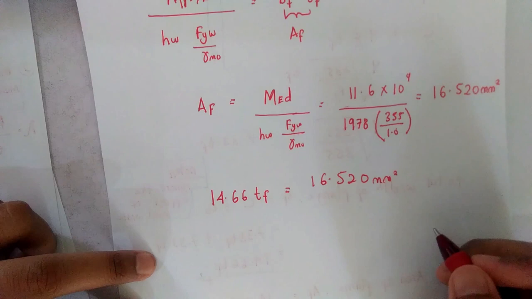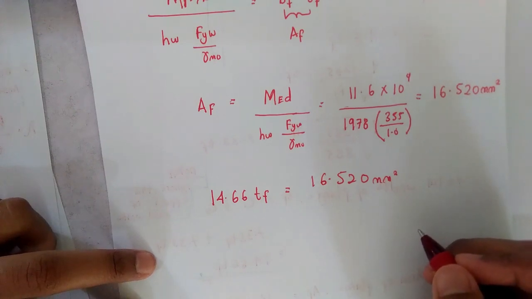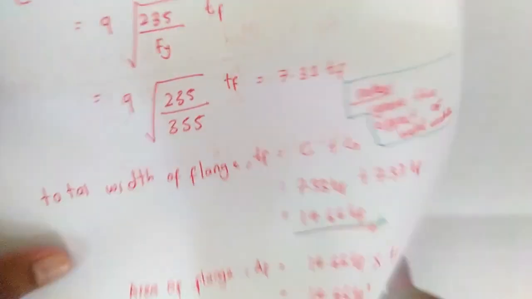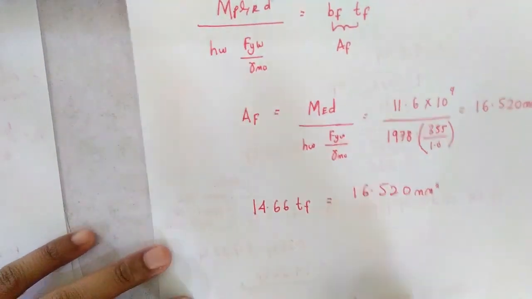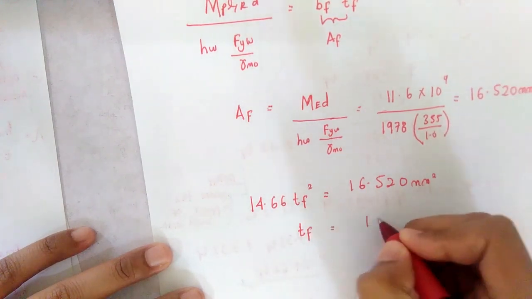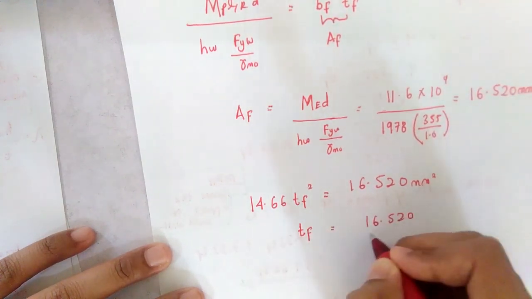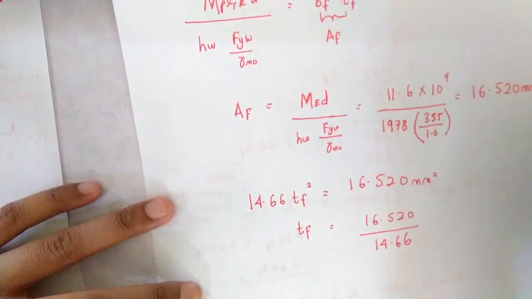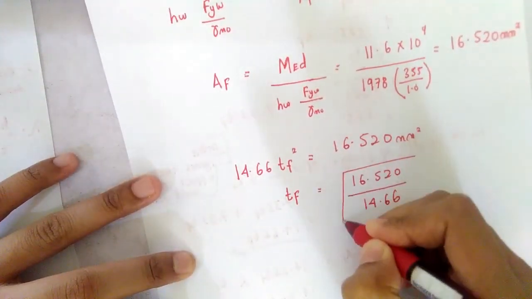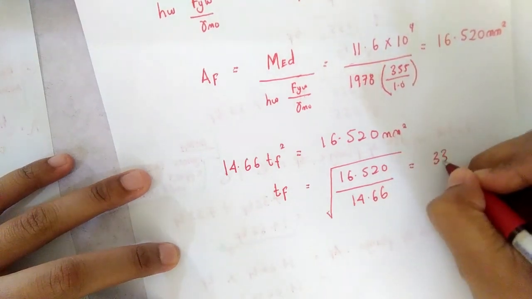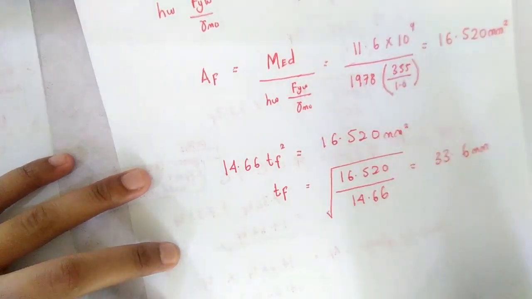Then you can get your TF value. Just to double check, TF squared: if you calculate 16,520 divided by 14.66 and take the square root, you will end up with your thickness of flange equal to 33.6 mm.